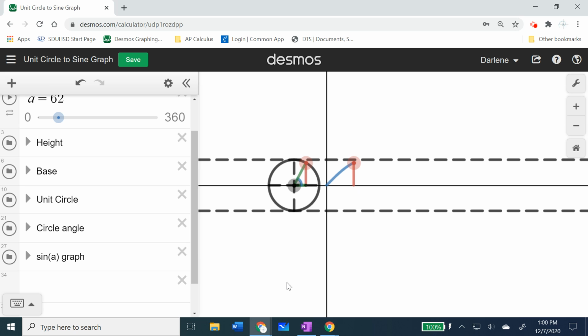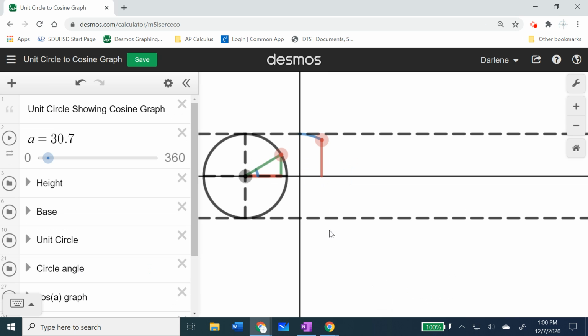Cosine is harder to see because you have to transfer something horizontal to something vertical. So this red x length is the same distance as this vertical distance. And that makes it a little bit more awkward.